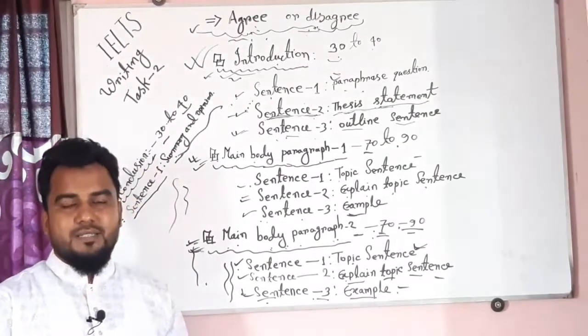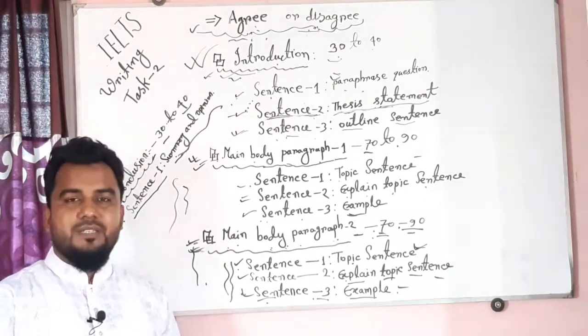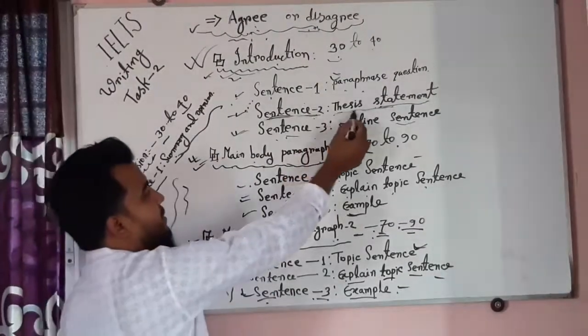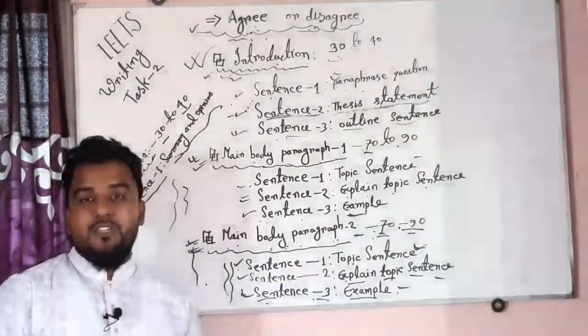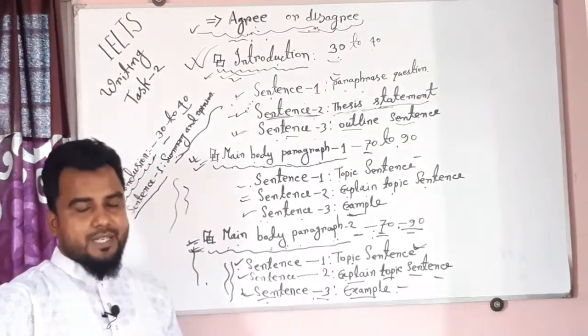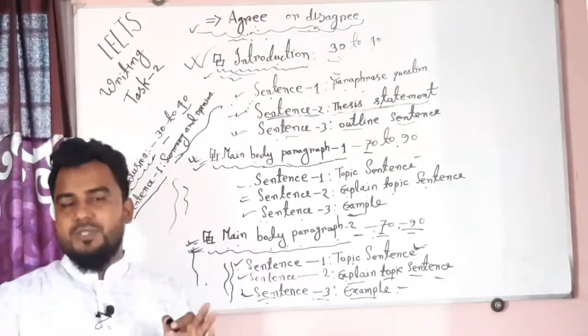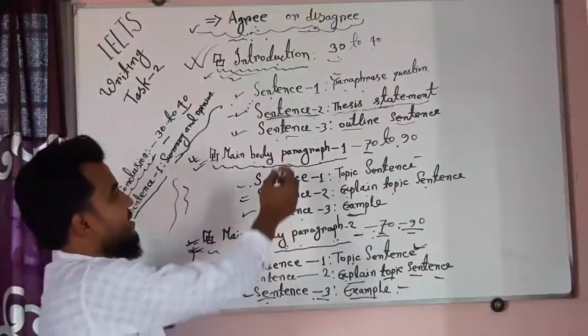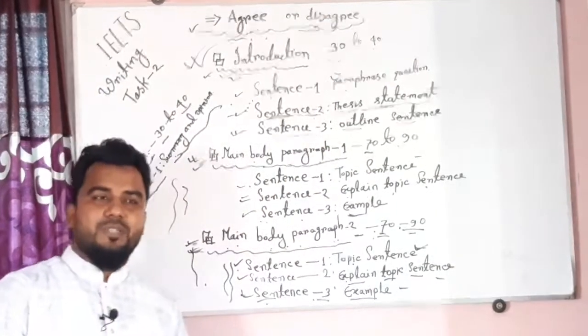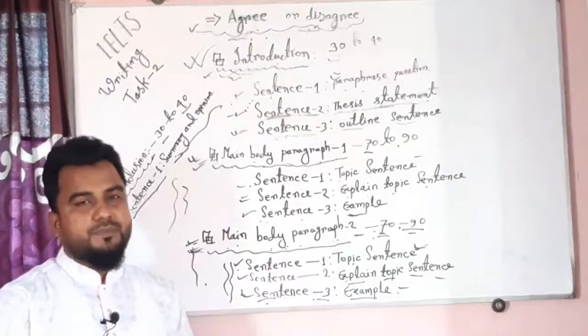Sentence 1 is the paraphrased question. Sentence 2 is the thesis statement, which means you mention which side you want to follow, agree or disagree, just one of those. Sentence 3 is the outline sentence, which relates to the topic.